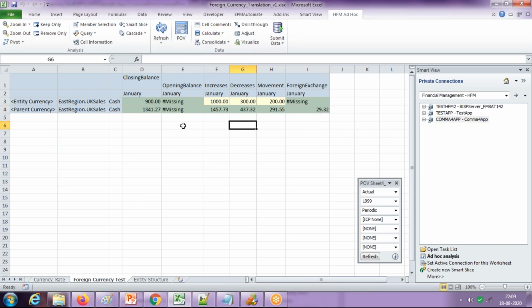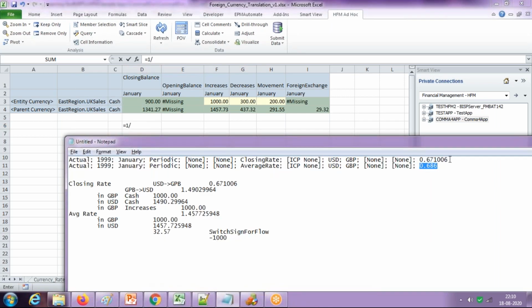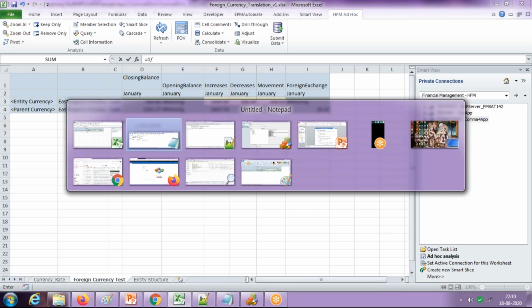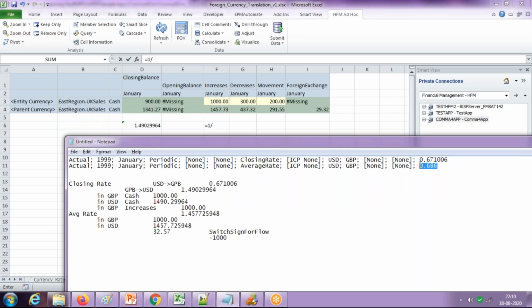So now the final output is your closing balance. I put a currency exchange rate over here, 1 divided by currency exchange rate, 0.671006. This is the currency exchange rate for closing. For this, the currency exchange rate from GBP to USD is this.